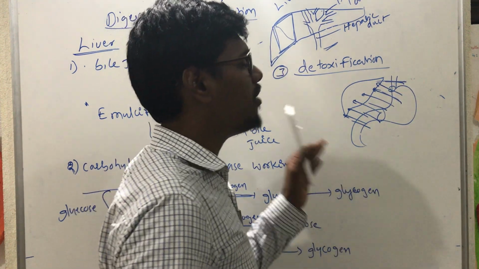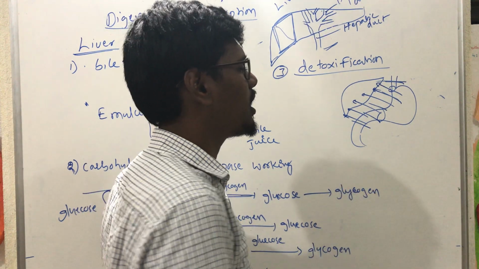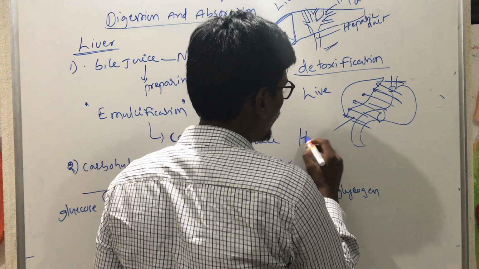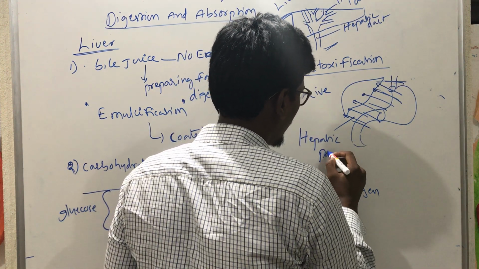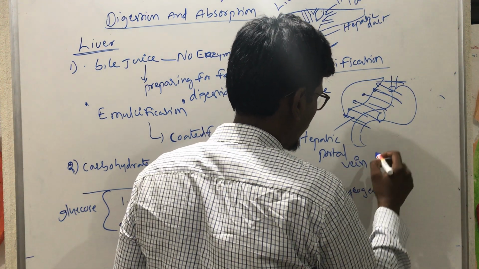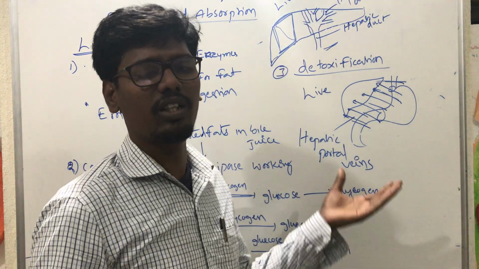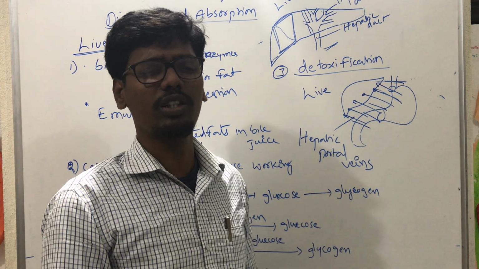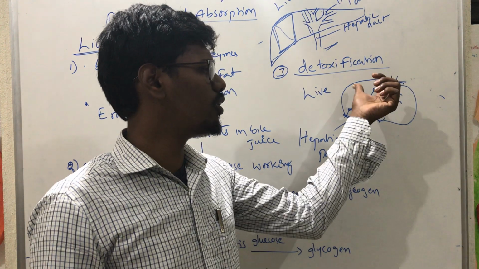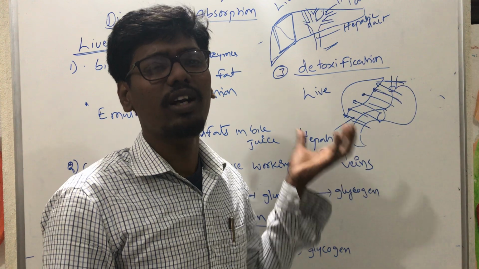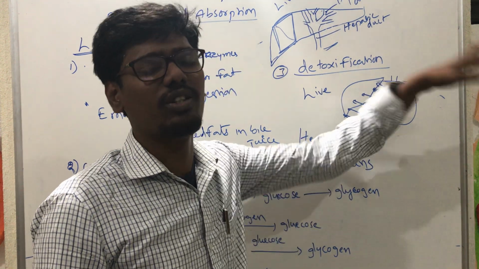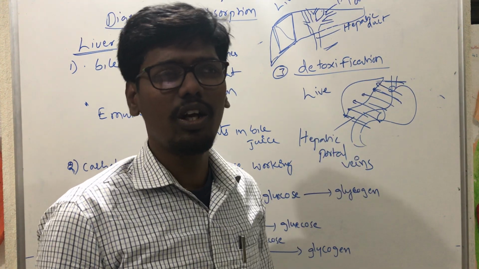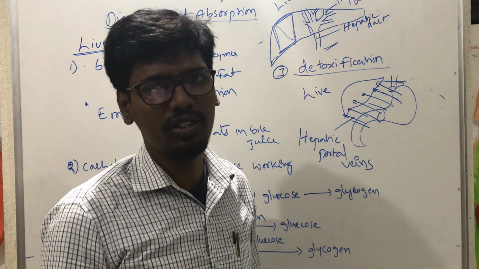Hepatic portal veins are connected everywhere to collect harmful toxins, and all of them enter the liver. The liver performs detoxification, which means the highly harmful toxins will be reduced.